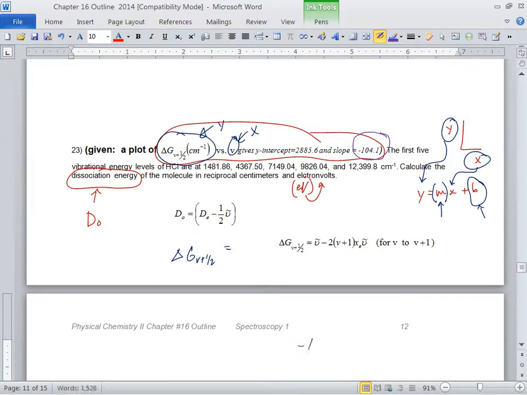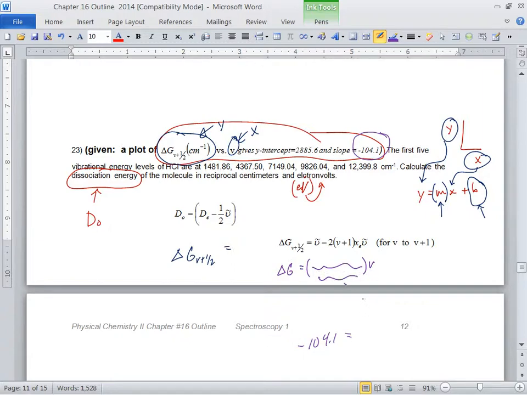So negative 104.1 is equal to what? Well, you can't use the equation as written. You're going to have to rearrange this so you get a v times something. Just rearrange it, see what's in front of the v, and whatever you wrote, all of that will go right here.